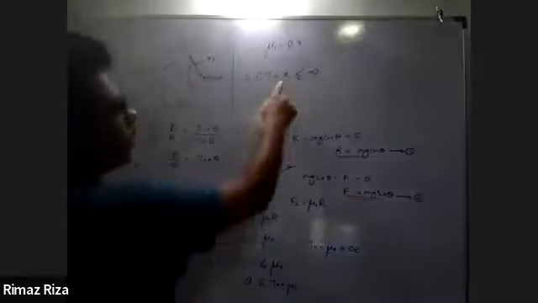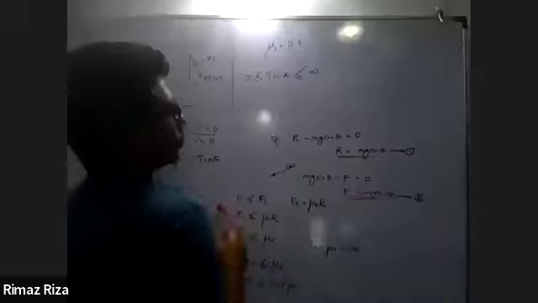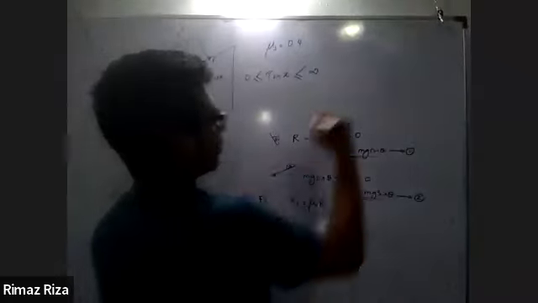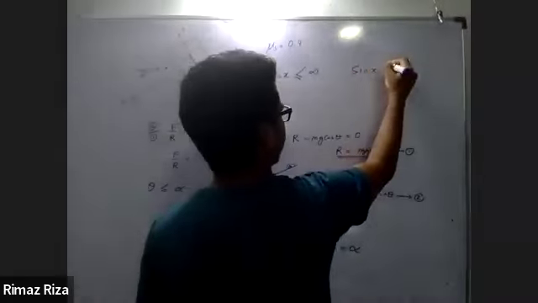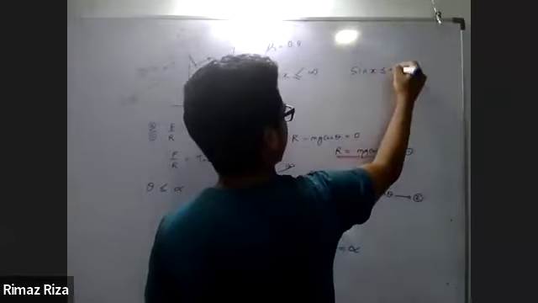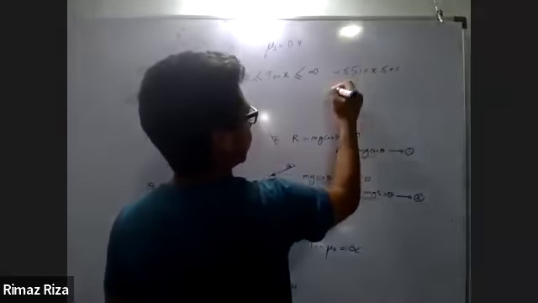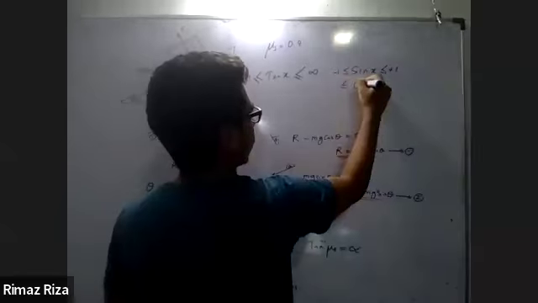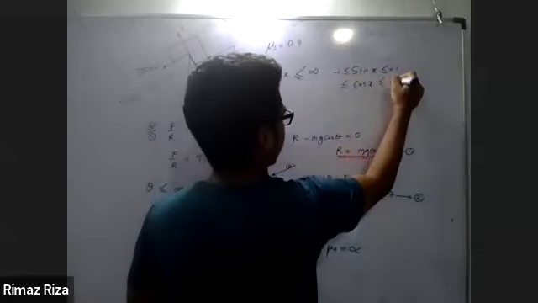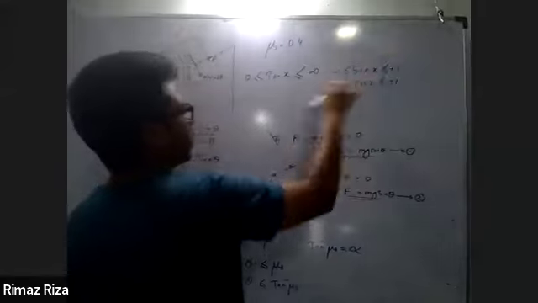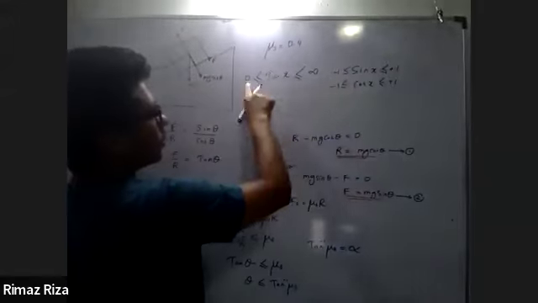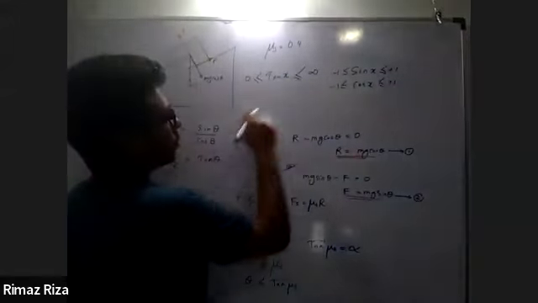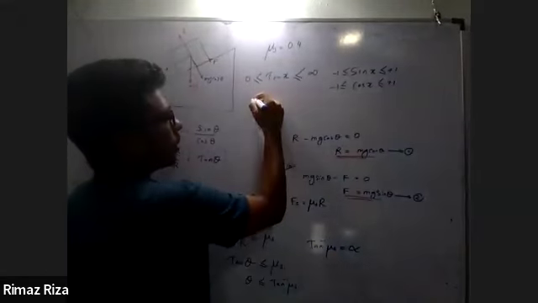Okay, so the tan values, we know, are 0 to plus infinity. But if you take the sine and cosine, sine x is between plus 1 and minus 1, and cos x is between plus 1 and minus 1. Anyway, tan is 0 to infinity. So there can be an angle.